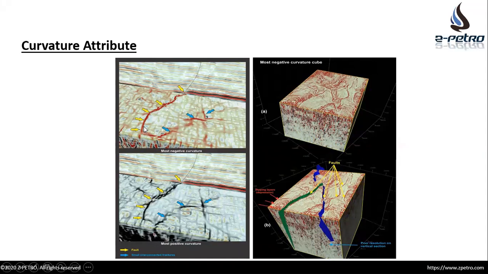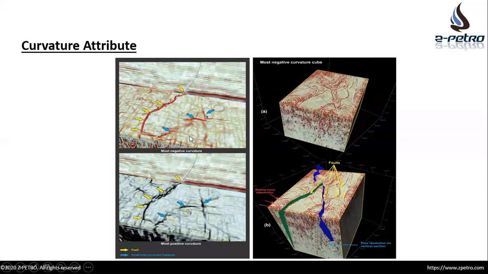For example, the upper side is north. This is the feature where your fault is moving towards north, and at that location it is bending, and then it moves again towards northeast, and again it is bending.